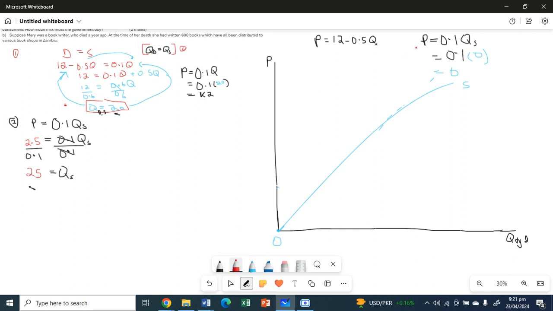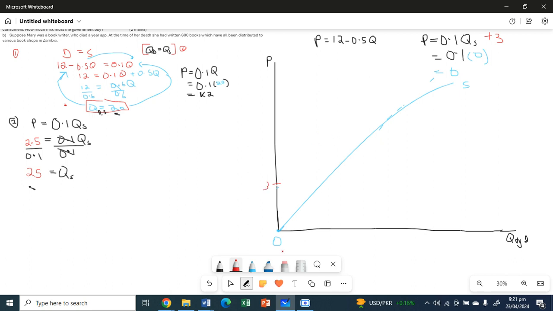It depends on the type of supply equation. For example, if you are given an equation like 0.1 QS plus 3, and you equate Q to 0, 0 plus 3, you get 3. So it means your supply curve will start at 3 and go up.